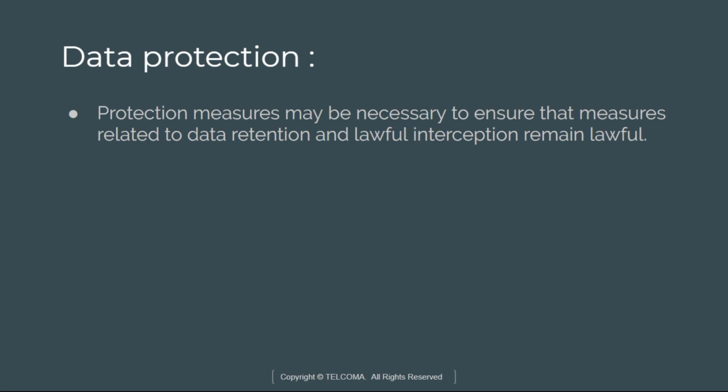Data protection measures are those measures made to cover the security of data, above those dealing purely with privacy, and cover the access and use of data volunteered for any transaction to a third party. Here, the protection measures may be necessary to ensure that measures related to data retention and lawful interception remain totally lawful.